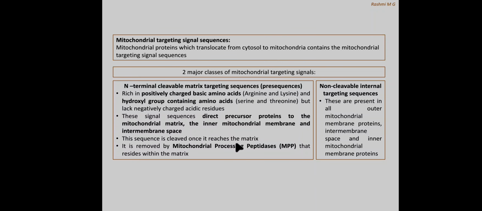These sequences are cleaved once they reach the matrix by the help of mitochondrial processing peptidase. The second type is the non-cleavable internal targeting sequence. These are present in all outer mitochondrial membrane proteins, intermembrane space and inner mitochondrial membrane proteins.